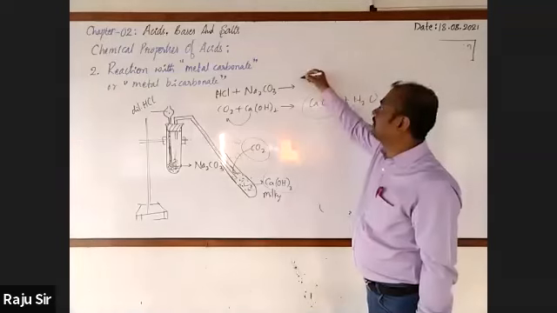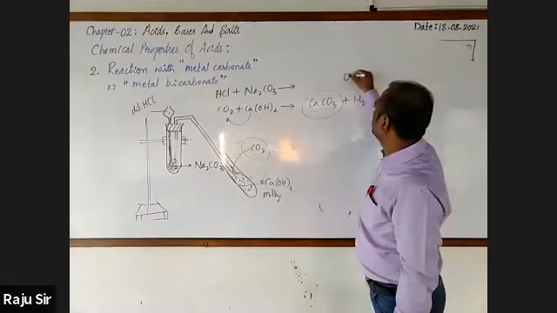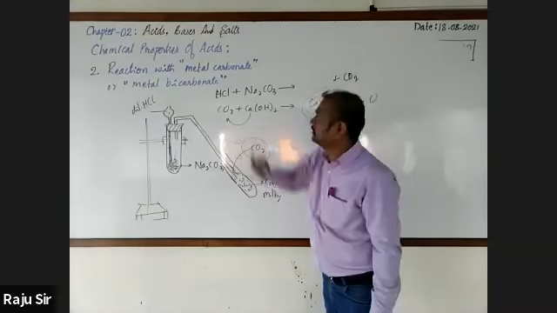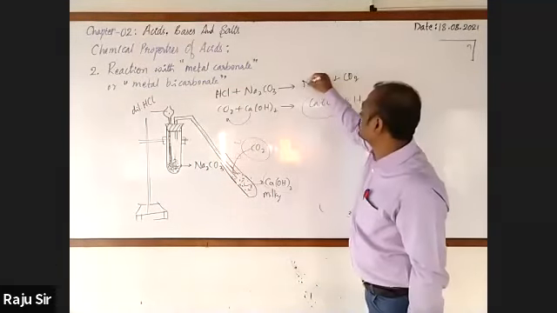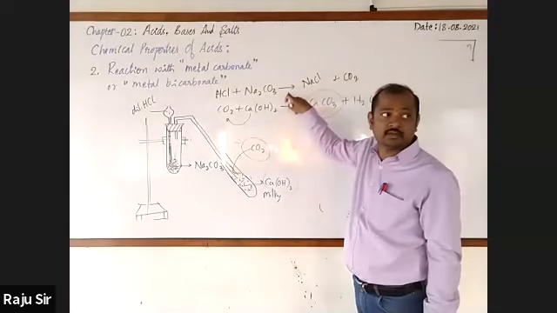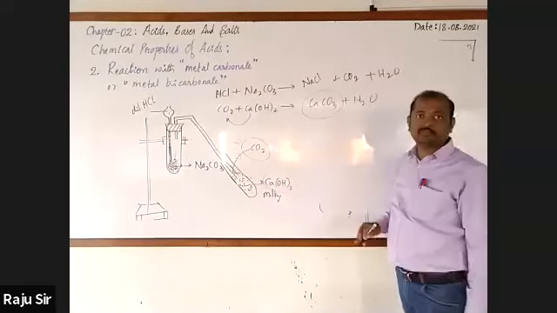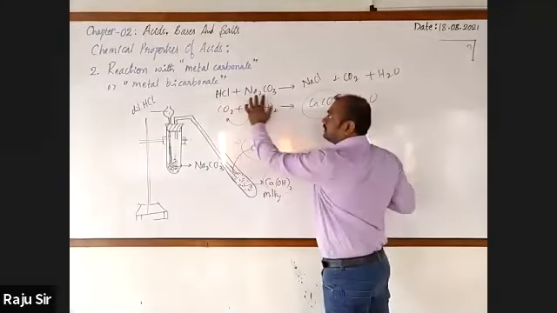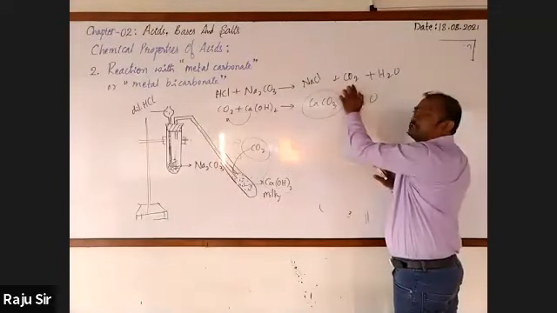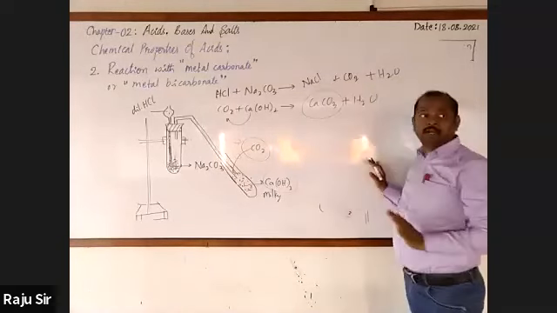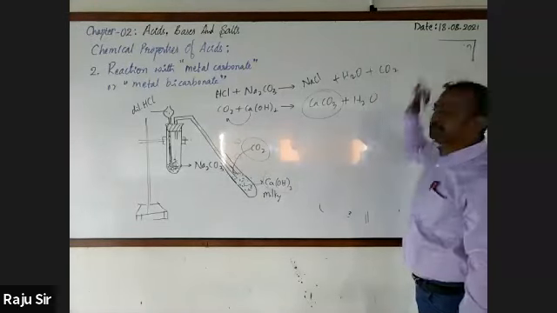Sodium chloride, and carbon dioxide gas is also released. You may write aqueous, along with water. Acid reacts with the metal carbonate to produce salt and water with the liberation of carbon dioxide.